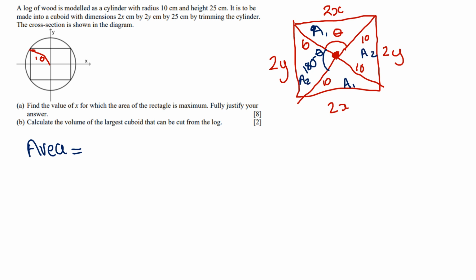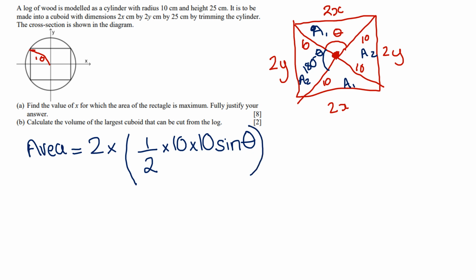So we'll have two area 1s, so 2 times the area of a triangle, a half ab sine C. So a half times 10 times 10, and the angle in between those 10s is theta.